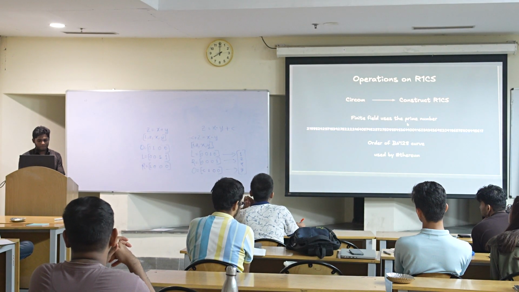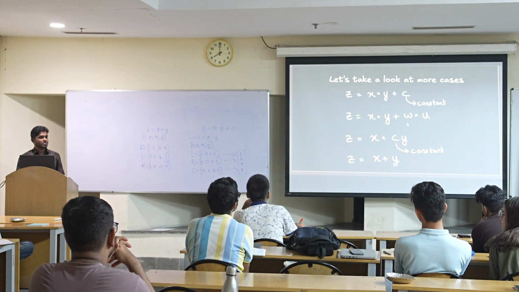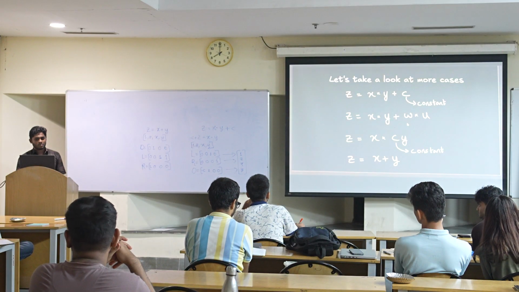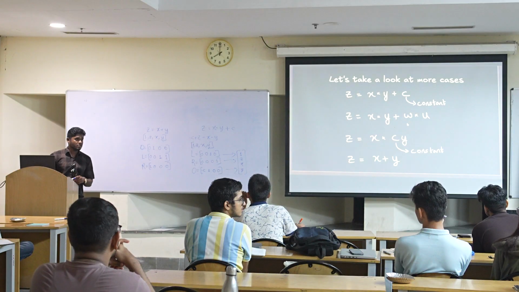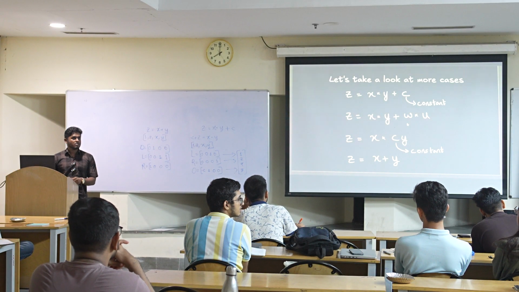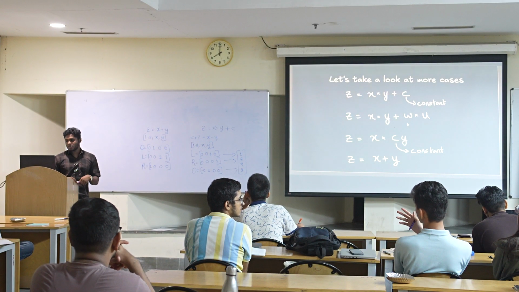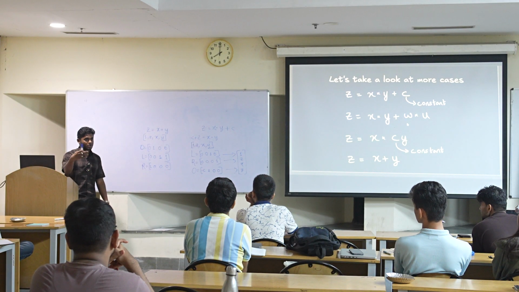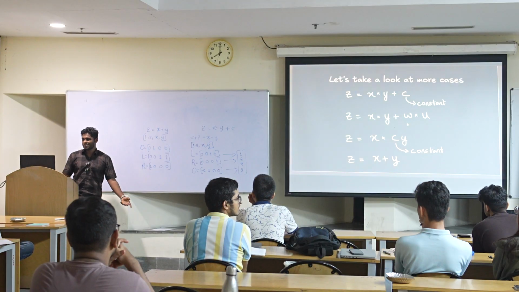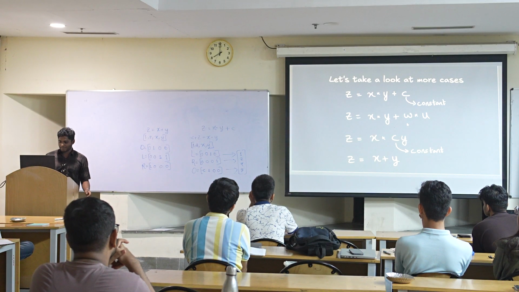Answer? For Z equal to X, C is equal to which one? Z equal to X into C, we can take first. X into C, yep, C is a constant, so you can put it anywhere.